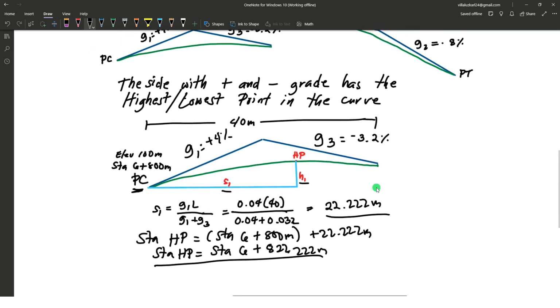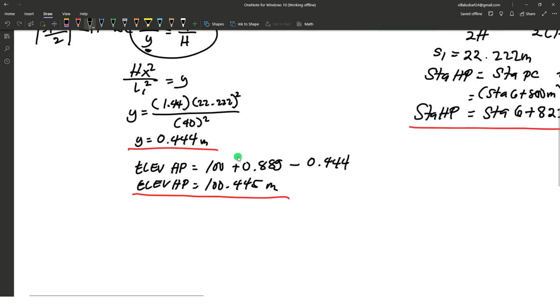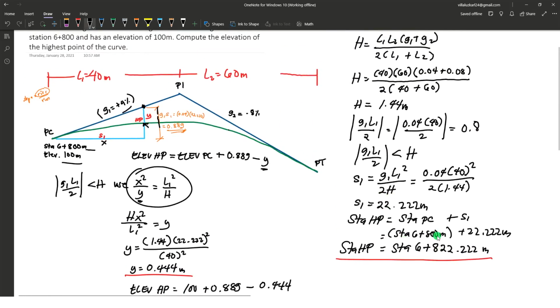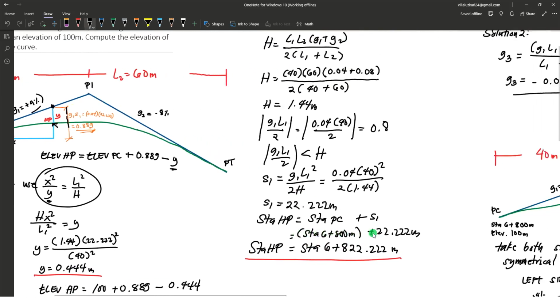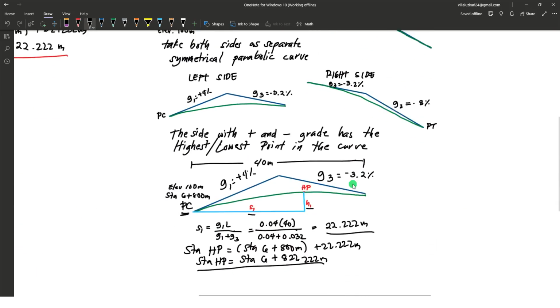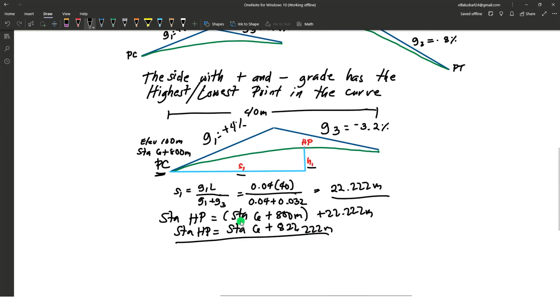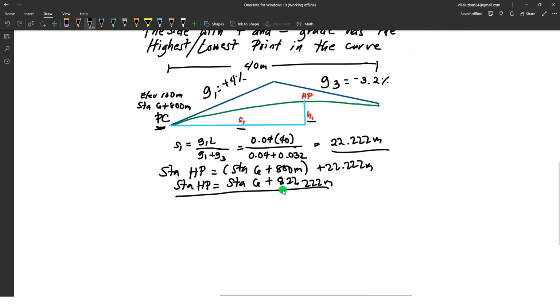So same answer here on the formula base. Next, the elevation of HP, the highest point: the elevation of PC plus H1.